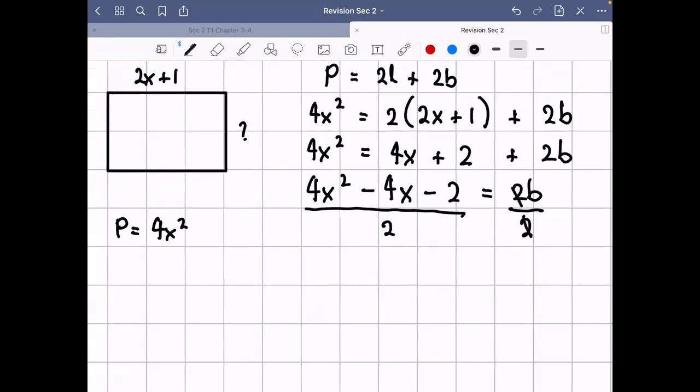So b is equal to 4x squared divided by 2, which is 2x squared, and negative 4x divided by 2 is minus 2x. And then, of course, negative 2 divided by 2 is minus 1. So this is your answer. This is the value of b.